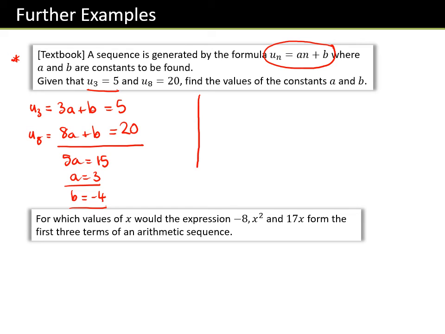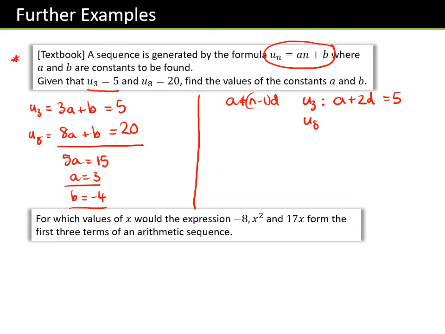Now, an alternative way to that, and one that is very common, is using a plus n minus 1 d rather than the formula up there. So here, if I'm told what u3 is, I know that u3 is a plus 2d, and that is equal to 5.